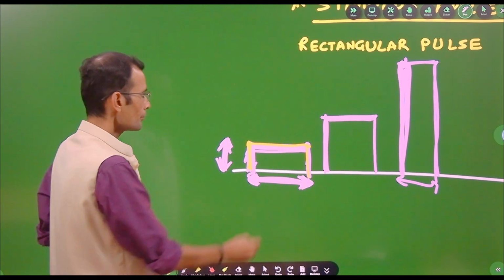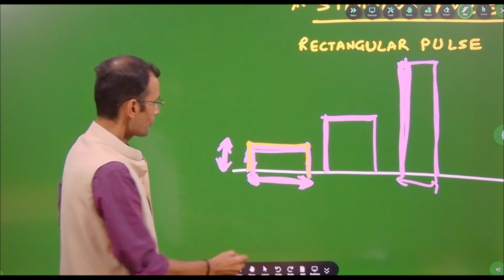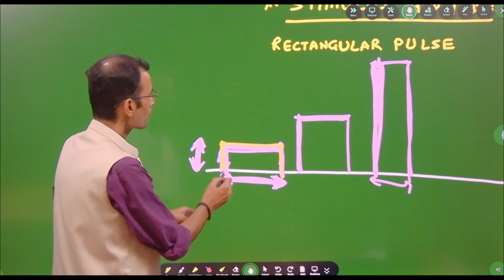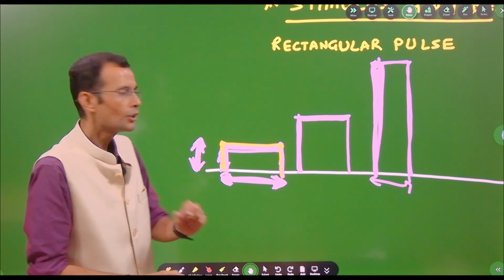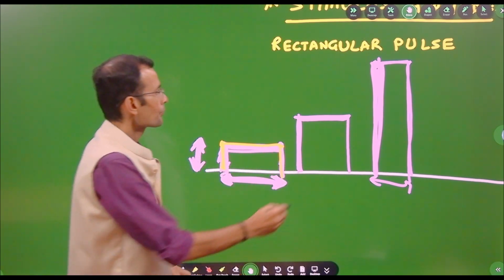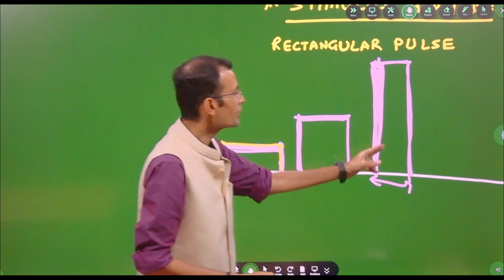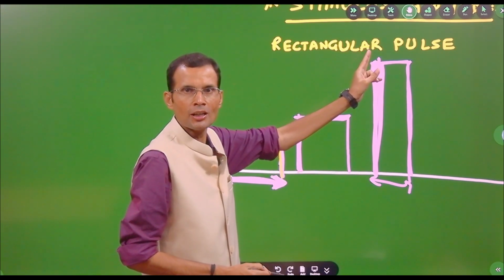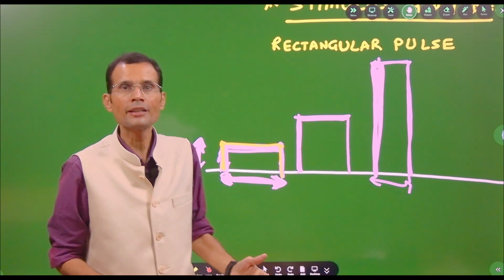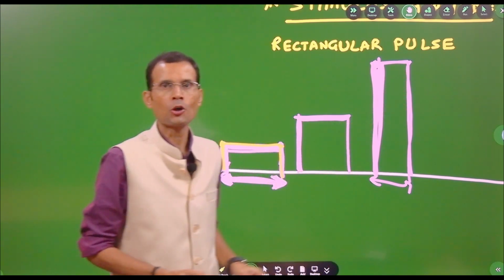All right. You can see here that in the first case the stimulus intensity is low but duration is greater. In the third case, you see here stimulus intensity is much higher or greater intensity, but duration is short.